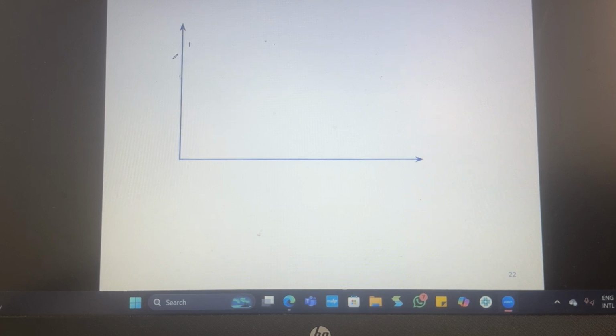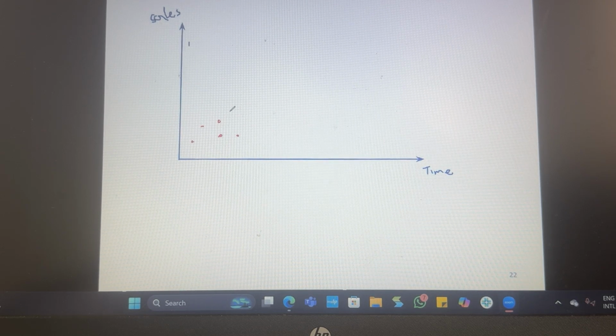Here you can put sales figures, and time here. So, collecting data over time, you can plot the data like this.